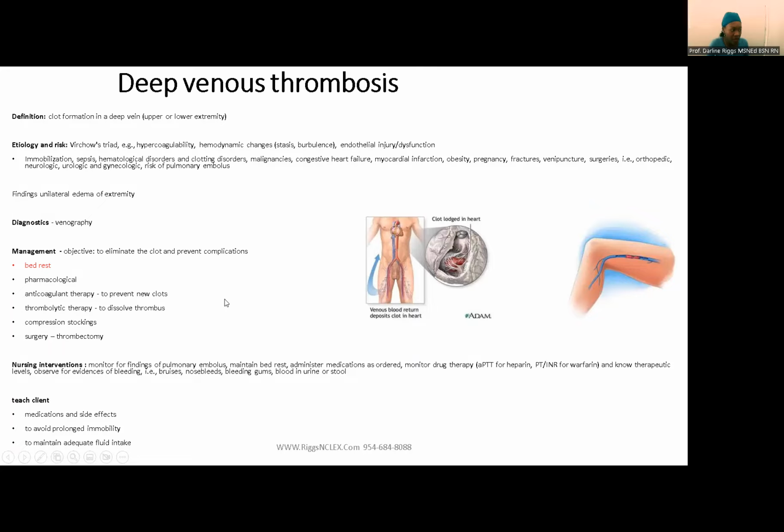Pharmacologically, anticoagulants and thrombolytics. We can bust the clot that's currently there with the thrombolytics and prevent future clots with the anticoagulants. And they may need surgery. We may need to have a thrombectomy, remove it surgically. We're going to monitor the client for pulmonary embolism in case this dislodges and travels. No more walking.